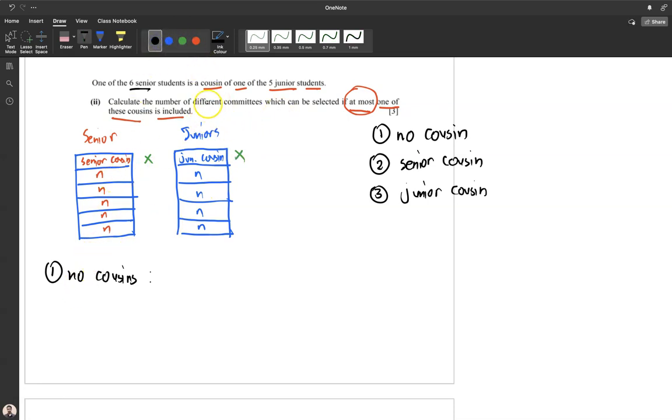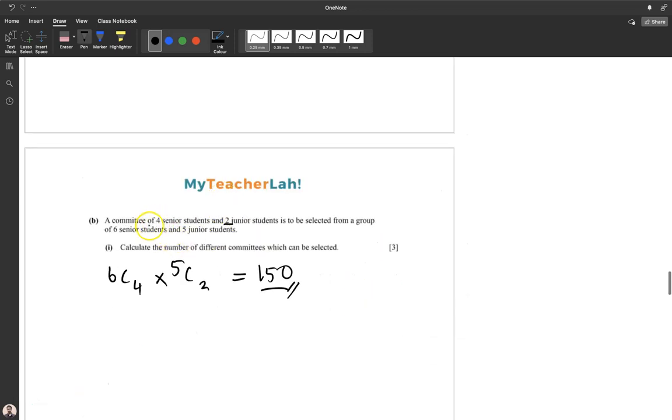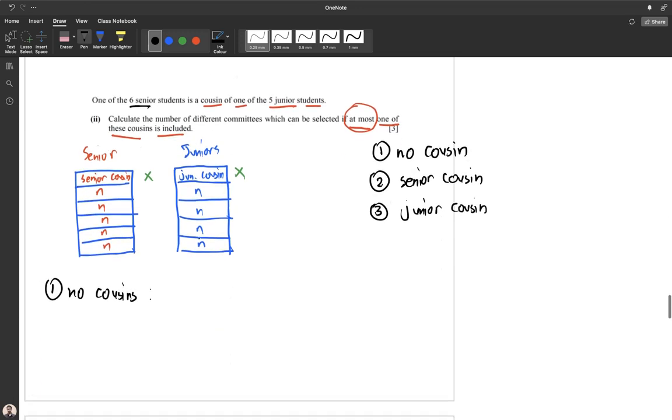But I still need to select the committee, right? So again, come back to how many we need. A committee must be for 6 people. You must have at least 4 seniors and 2 juniors in the committee.